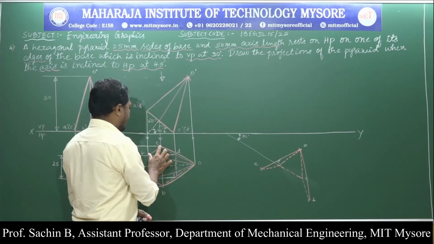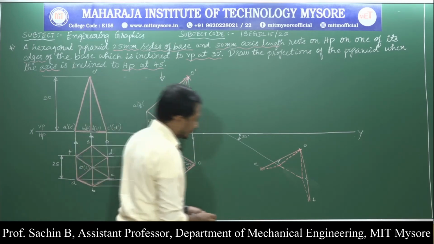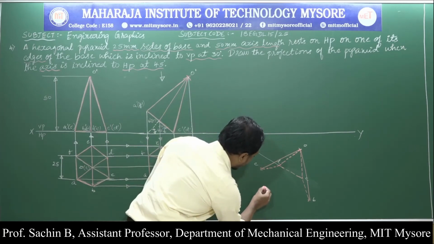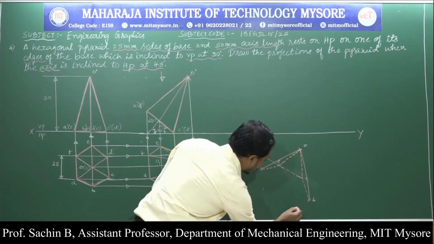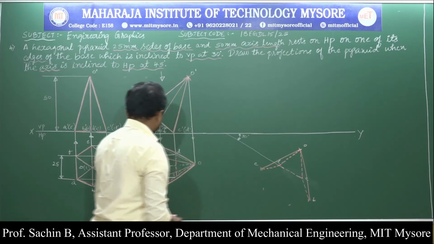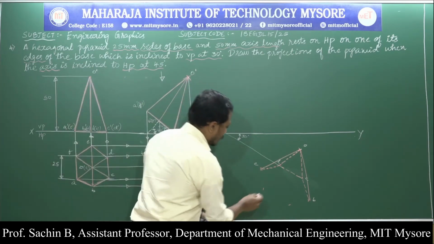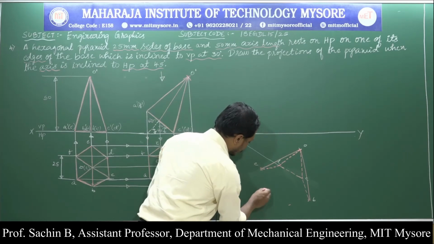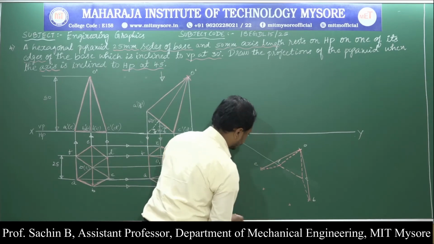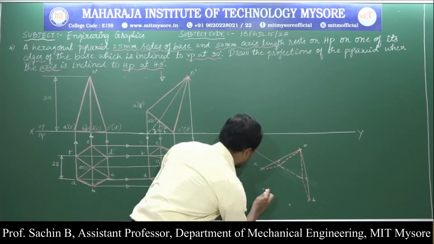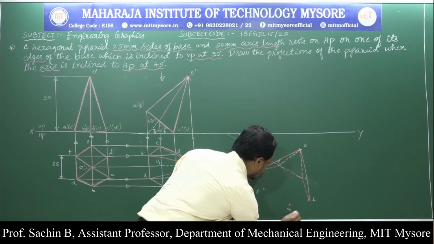I will measure it from F to E or from A to B. Again I will cut an arc over here and one arc from the B side. Next I will measure from O to F or O to A and intersect this arc. This is my F point, this is my A point.